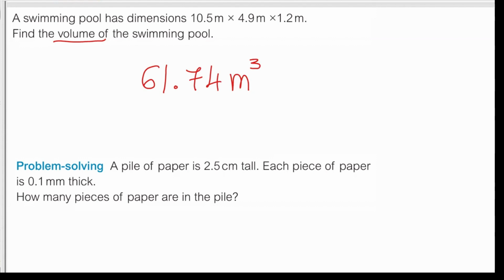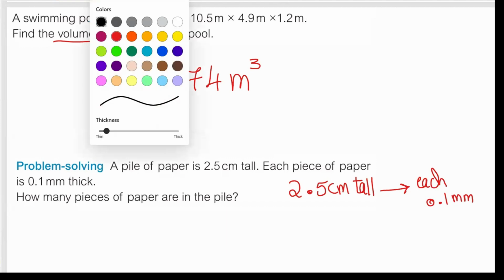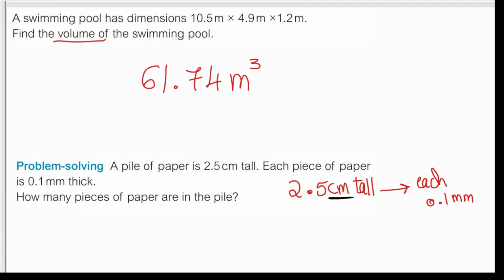And now the last thing we have today. A pile of paper is 2.5 centimeters tall. So this is a pile of paper. Each piece of paper in there is 0.1 millimeter thick. How many pieces? Now, this is really, really good because you need to notice that you have two different units.